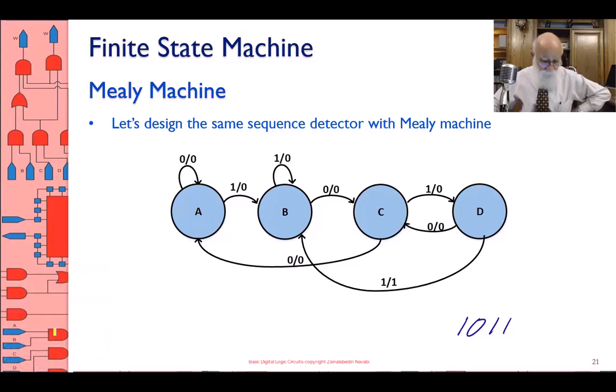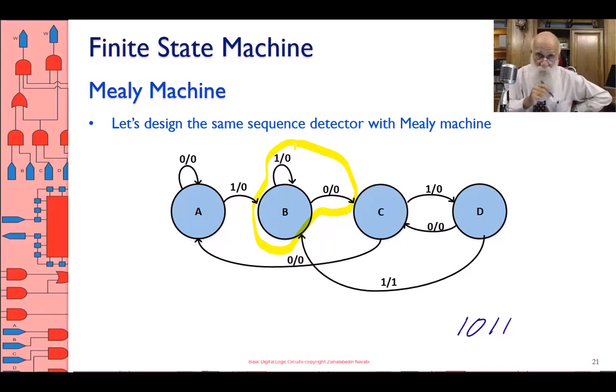When you're talking about a particular state, like state B, the circle and all the edges that get out of it are part of the state. So while I'm in B, a 1 takes me back to state B with a 0 output. While I'm in state B, a 0 takes me to state C with a 0 output.